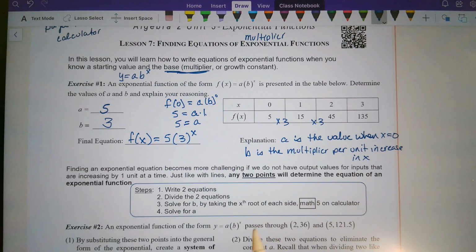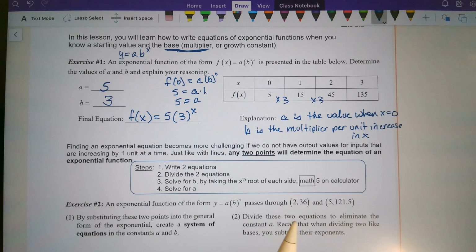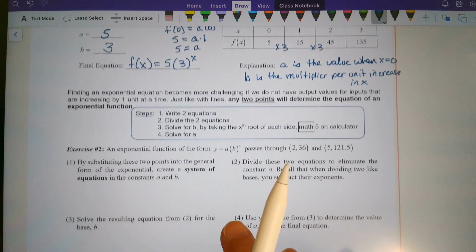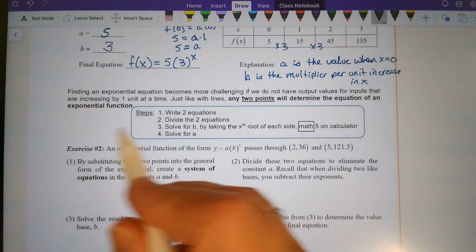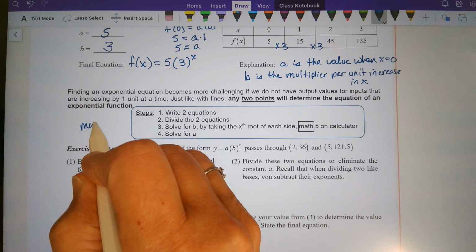Now we're going to find an exponential equation given 2 points. Just like with lines, any 2 points will determine the equation of an exponential function. Here are the steps which you need to memorize.